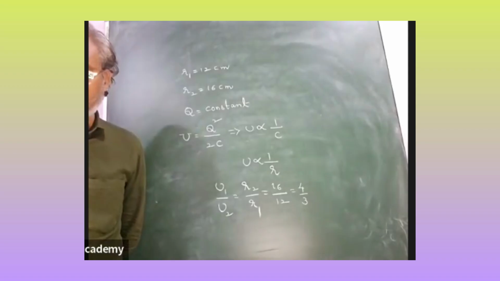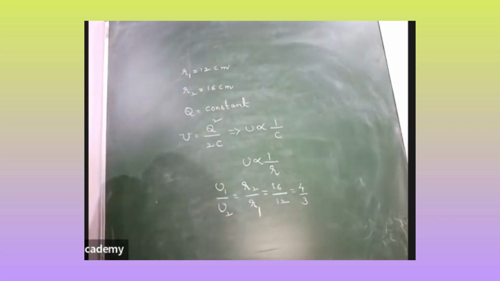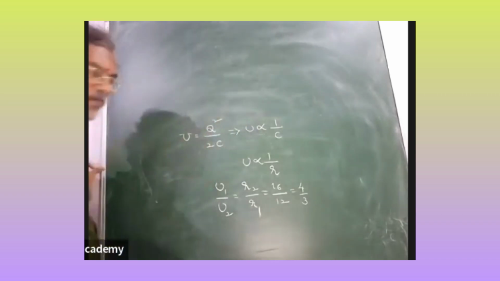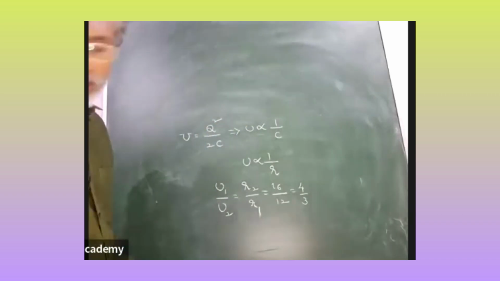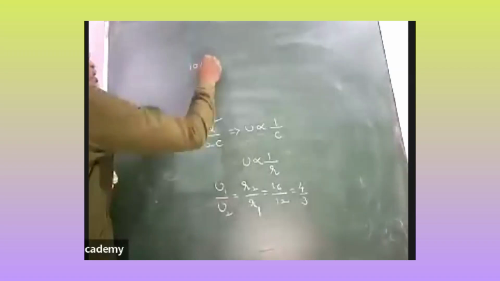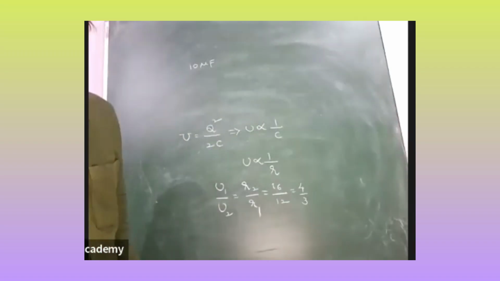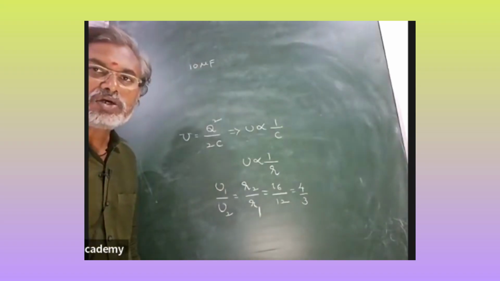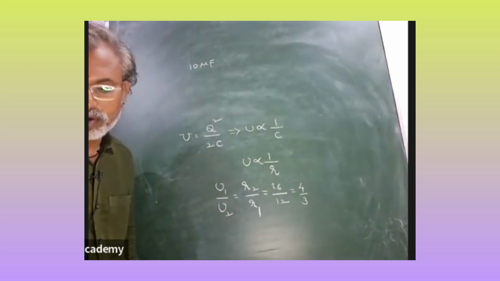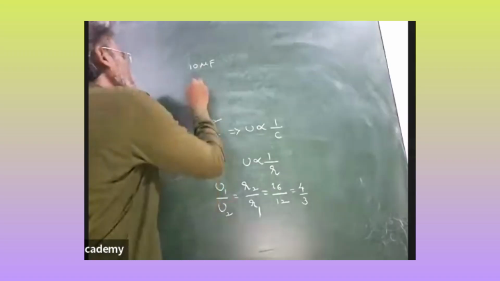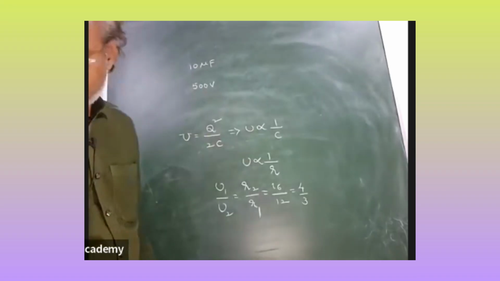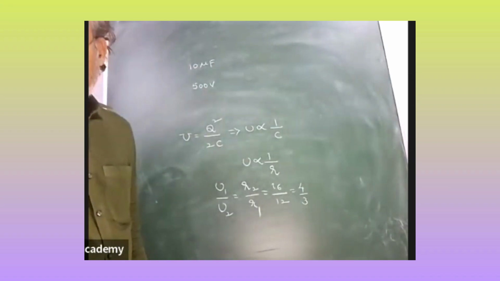Now, a condenser of capacity 10 microfarad is charged to a potential of 500 volt.